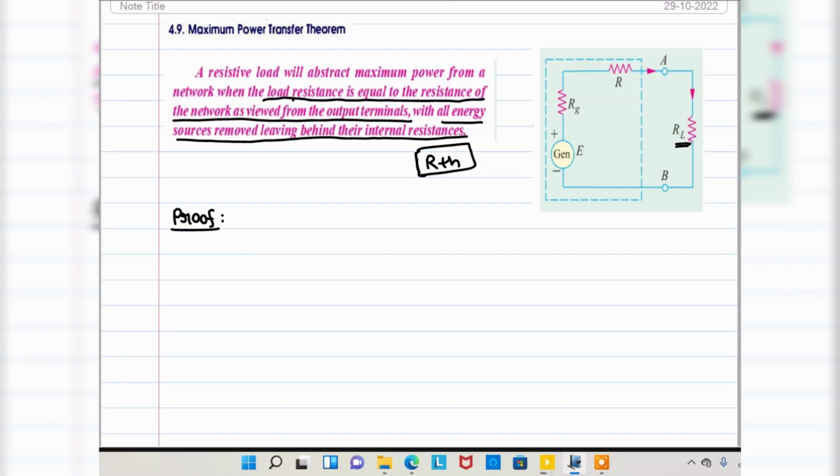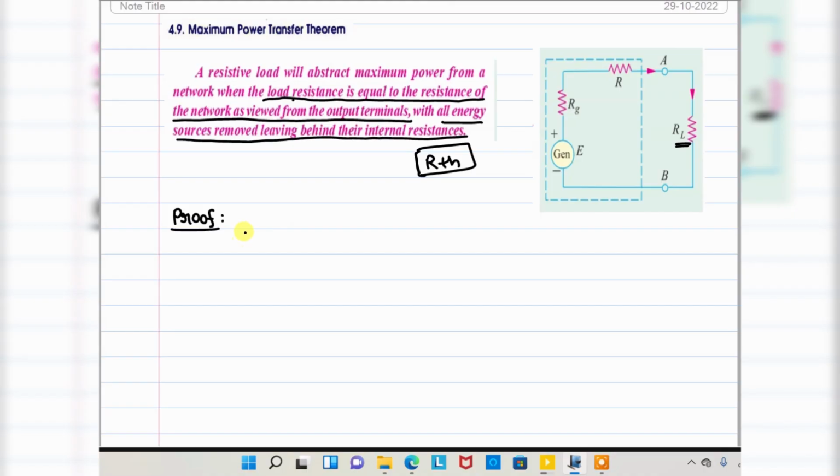Only basic questions will be asked in the examination, but your preparation should be thorough, 360 degrees, to crack your examination.